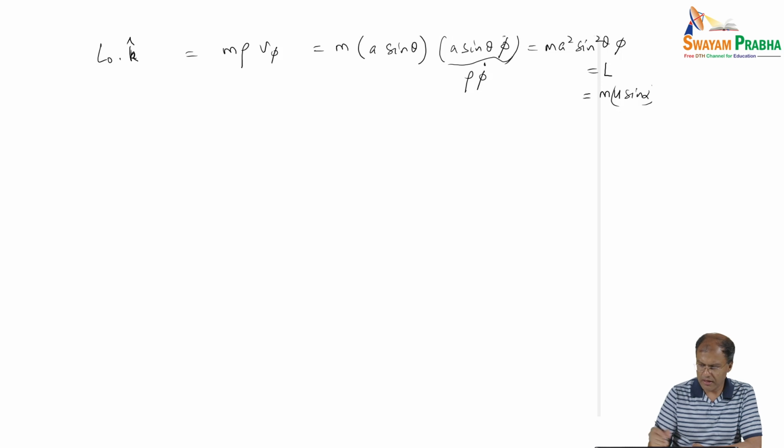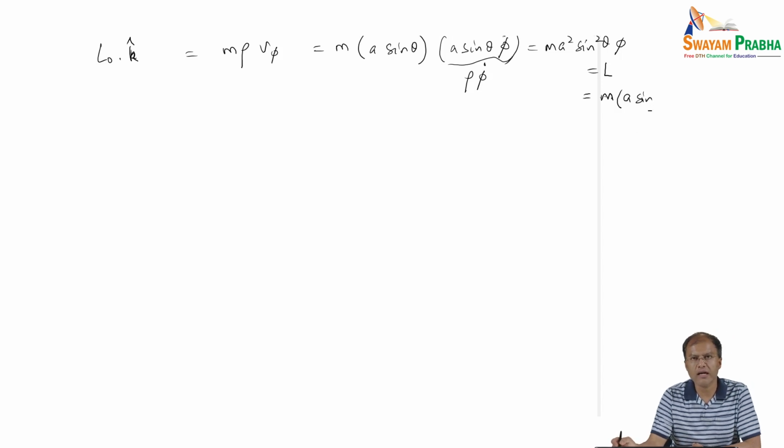Hold on, something is not right due to geometry. The correct expression is m times a sine alpha times u, because alpha is the initial angle the string makes and a is the length of the string.